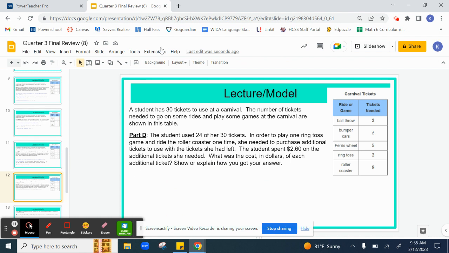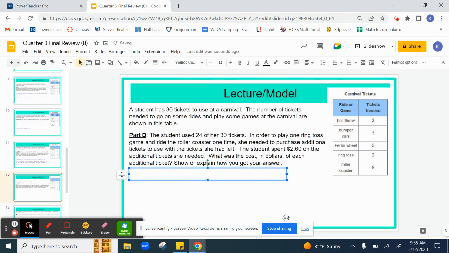All right, so the student used 24 of her 30 tickets. So for this one, I'm gonna write down some information first. 24 of 30 tickets means 6 left. In order to play one ring toss game and ride the roller coaster one time, she needed to buy more tickets to use with the tickets she had left.